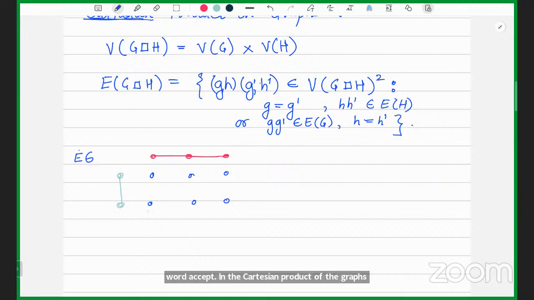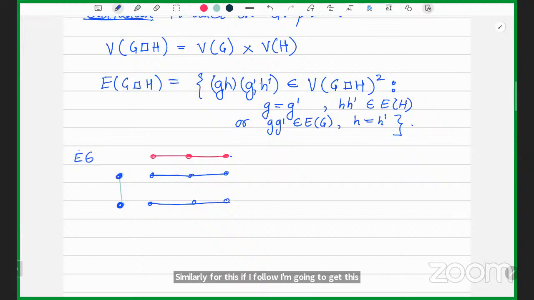Moreover, since this vertex is going to be equal in all of these, I just follow the adjacency of the horizontal graph. Similarly, for this, if I follow, I'm going to get this.